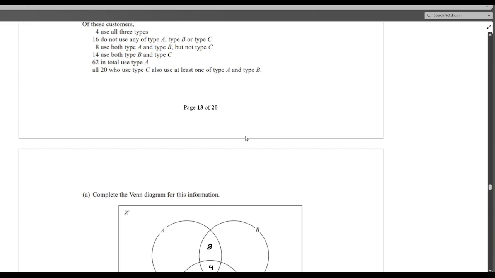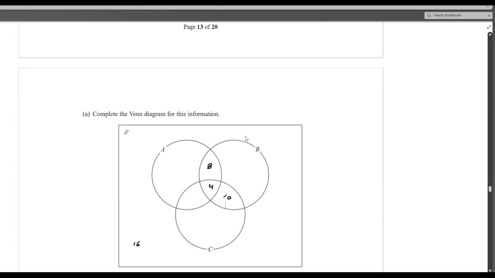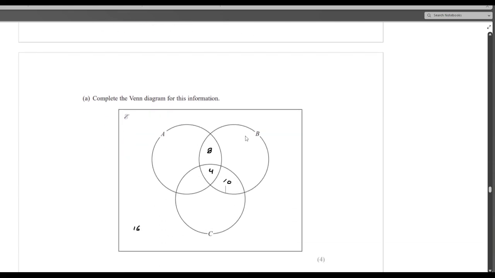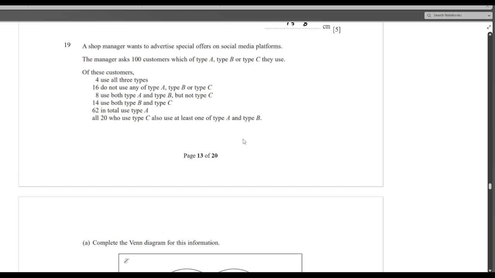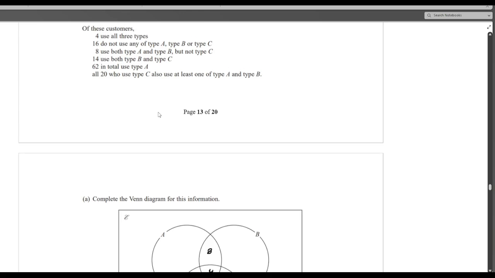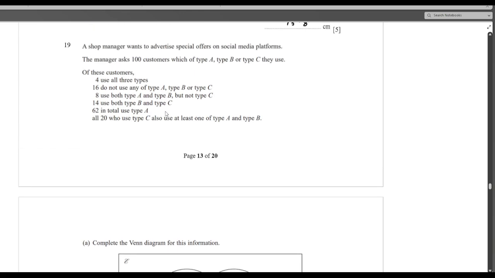Okay, so this part is not known to me. Let us consider this as X. 14 use both type B and C, that information I have used. 62 in total use type A.